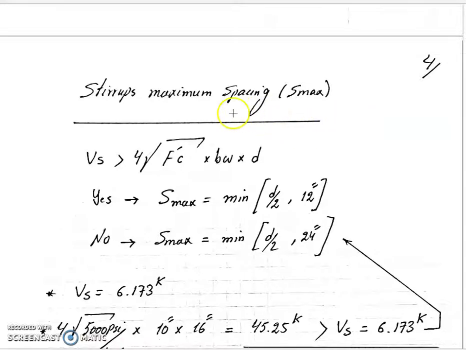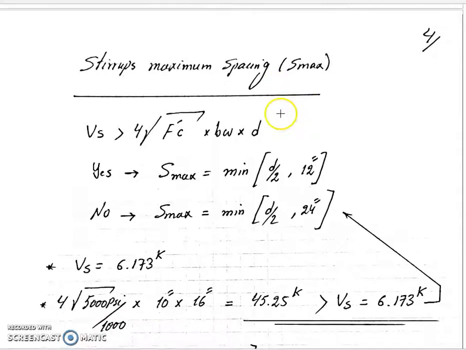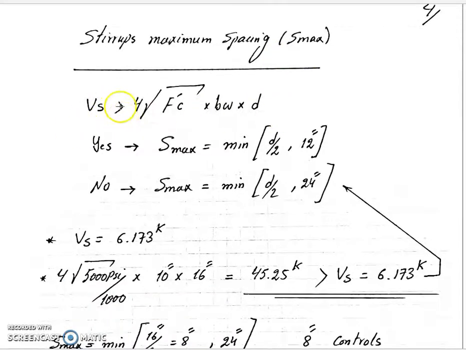The next step is we have to find the maximum stirrups spacing, or we call it s max. So if Vs is greater than 4 square root of fc prime multiplied by bw multiplied by d, if it's greater than this, then yes, maximum spacing has to be minimum of d over 2 or 12 inch. If no, then maximum spacing has to be minimum of d over 2 or 24 inches.